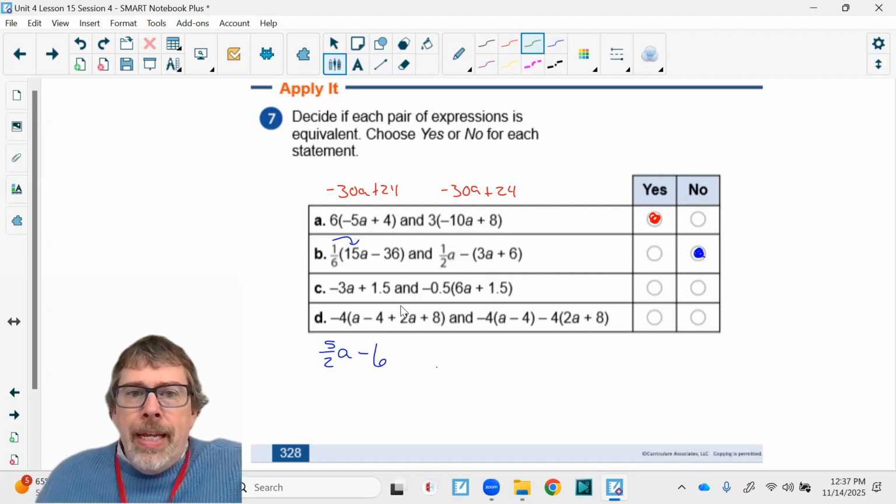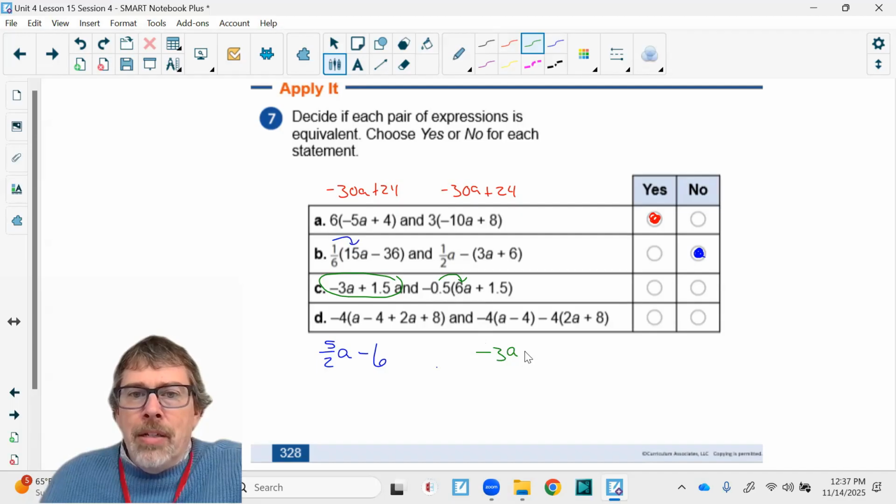C, negative 3a plus 1.5, and this is already simplified, so to speak. Okay, and so I am going to now focus on this. So I multiply. Negative times a positive is negative. 1/2 of 6 is 3a.